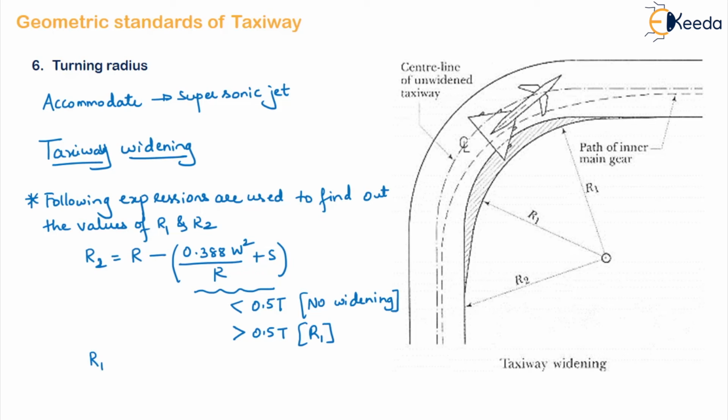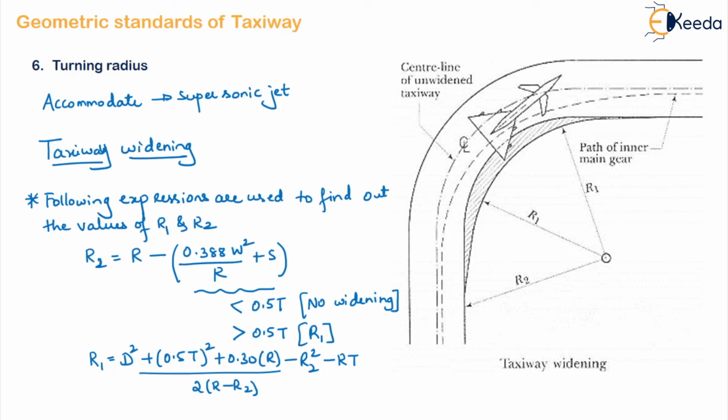So your R1 will be equal to D square plus 0.5 T whole square plus 0.30 R minus R2 square minus RT, this whole divided by 2R minus R2, where your R, W, S and T are as we have discussed in the previous slide.